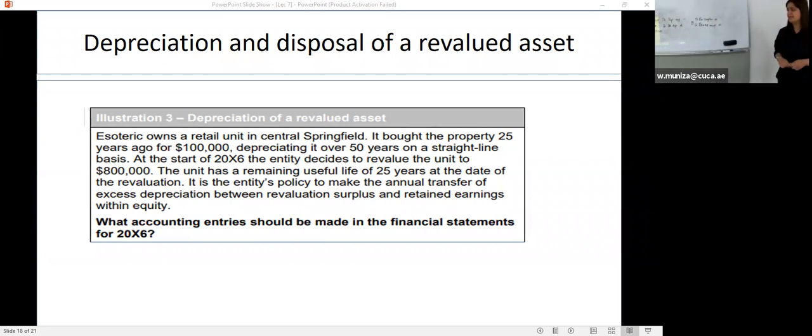Now calculate the depreciation for this year, for 2006. How much depreciation will there be? How much is it?